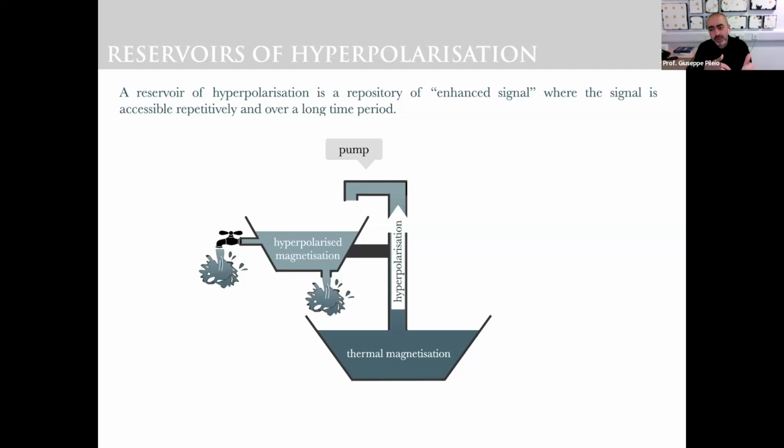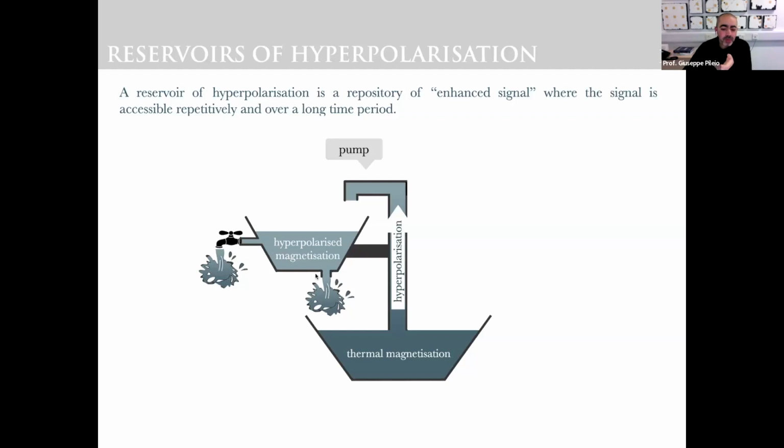And then you can imagine the techniques developed over the years, which we call hyperpolarization, as a sort of pump, which withdraws signal, more or less, right, from the thermal magnetization and deposits it into a vessel. And this vessel is like a tap, so we can withdraw from this. So we have a higher signal if we do the experiment from this bath rather than from the thermal one.